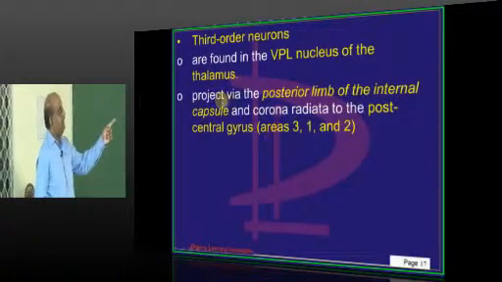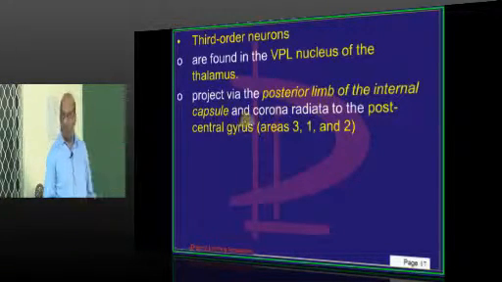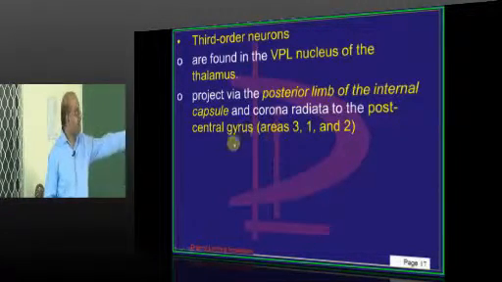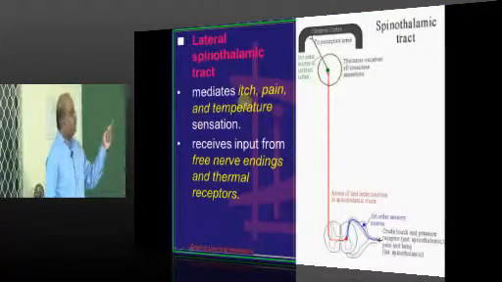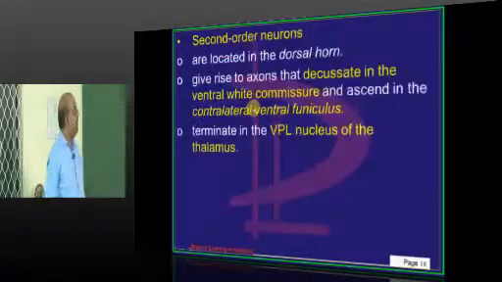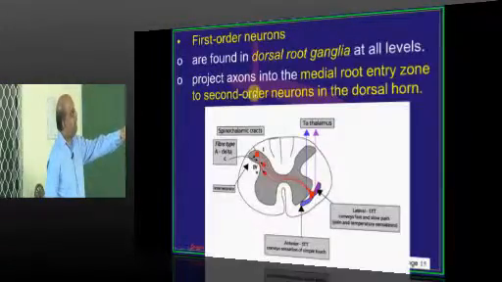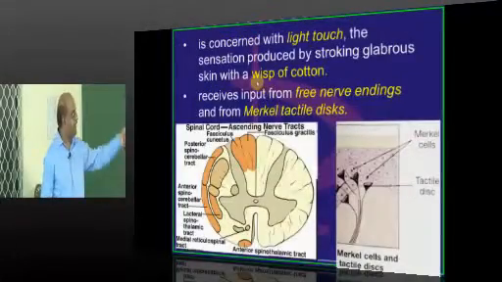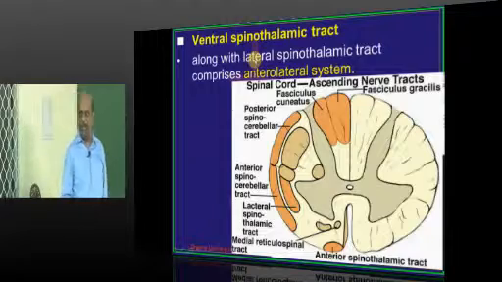And they also project to the posterior limb of the internal capsule through that only, and ultimately reach the postcentral gyrus, which contains 3, 1, 2. And what do they mediate, doctor? The wisp of the cotton, light touch, is mediated by ventral spinothalamic tract.